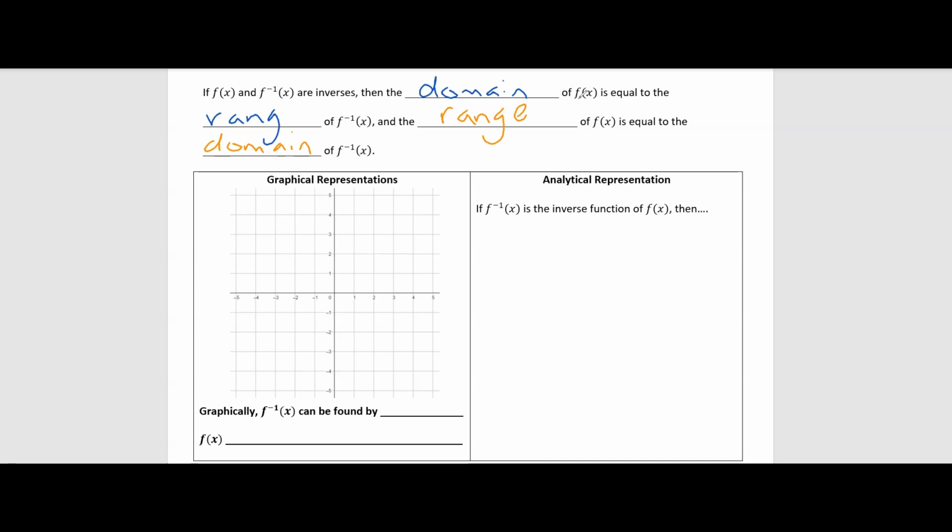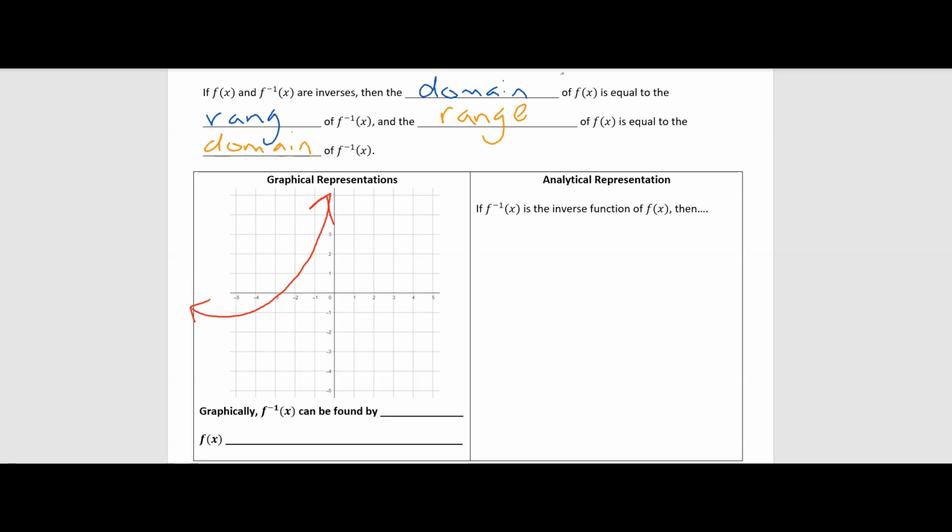So there's two types of representations we'll talk about. One is the graphical. So if we have a function and its inverse, let's say we only know what f of x is, and let's say f of x looks something like, we'll just do something easy, something like that.